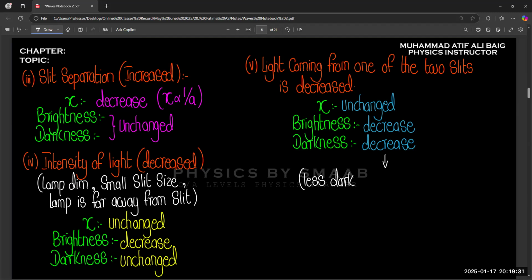It becomes less dark as there is no pure destructive interference. Right? So these are the factors. Any question in this?